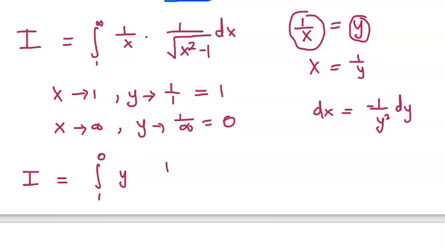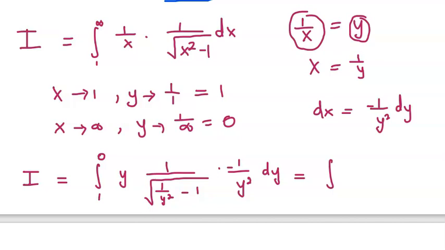Then times 1 over the square root of x squared, which will be 1 over y squared, right? So we have 1 over y squared, then minus 1 here. Our dx is negative 1 over y squared dy.